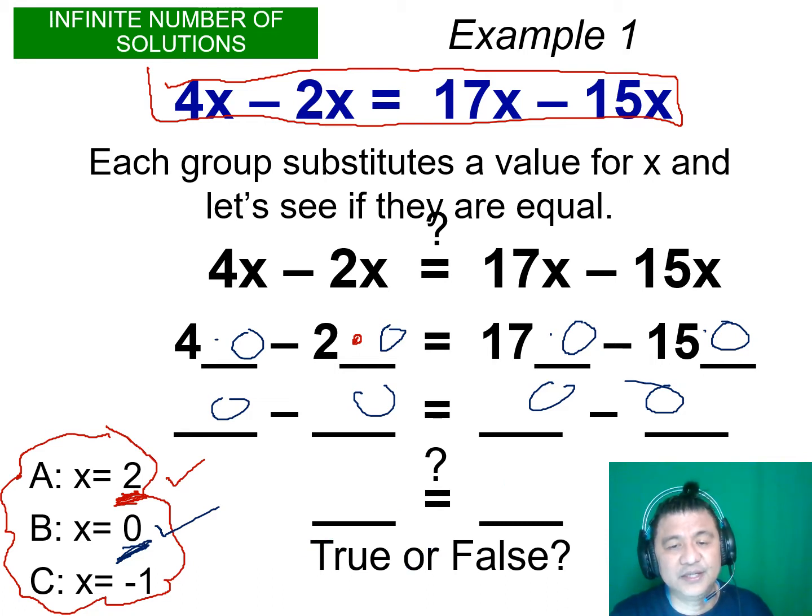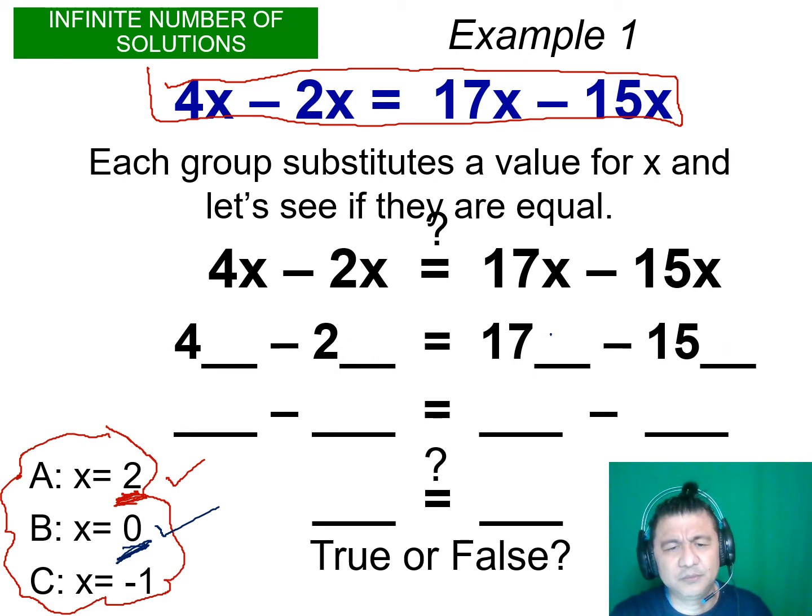Okay, let's try the next one. Wow, there are two solutions. It's possible to have two solutions. Maybe 3. Let's try 3. If my x is equal to negative 1, let's substitute negative 1 for each x.